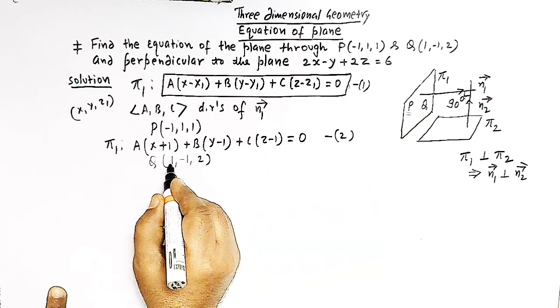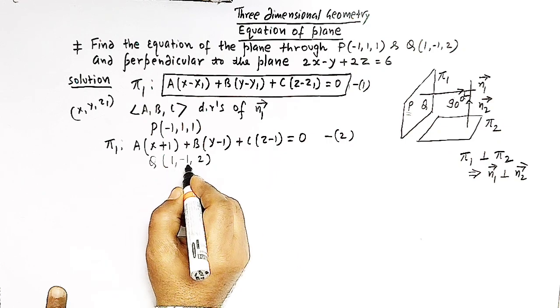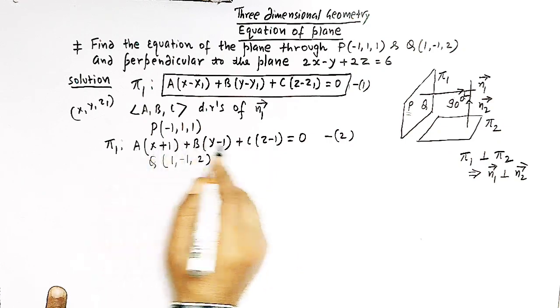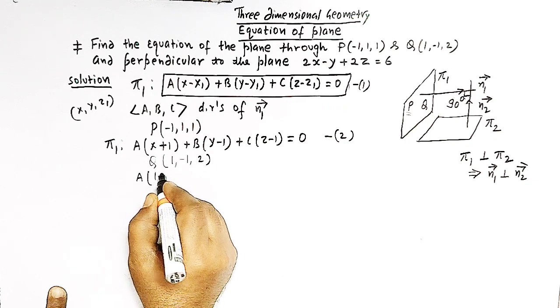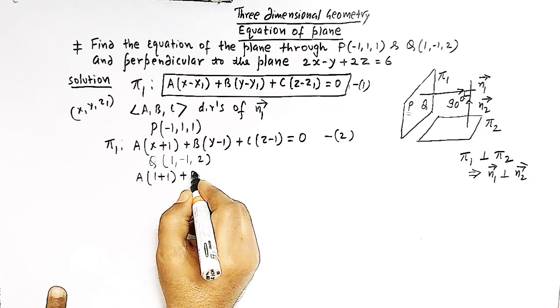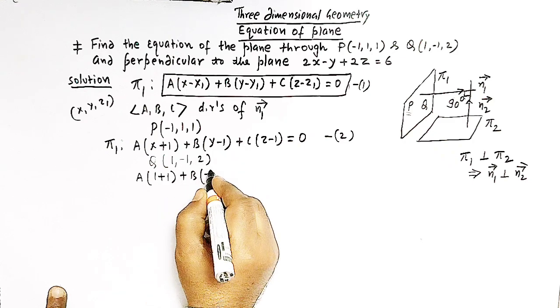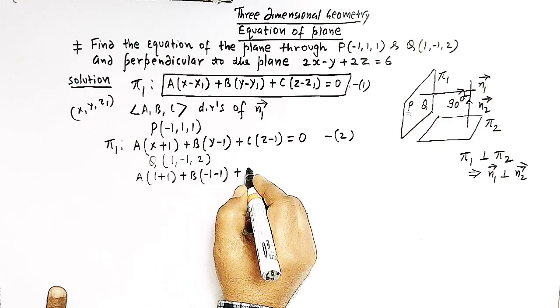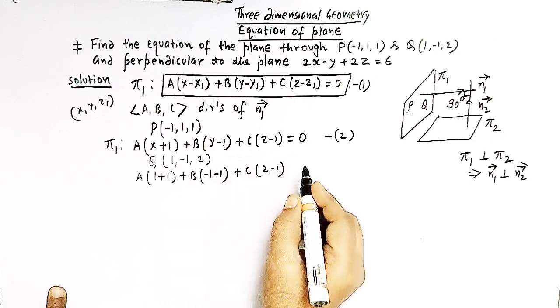So let us write for x, y and z as 1, minus 1 and 2. So we have now the equation a times (1 plus 1), then b times (y is equal to minus 1, so minus 1 minus 1), and then c times (2 minus 1), so z is equal to 2.